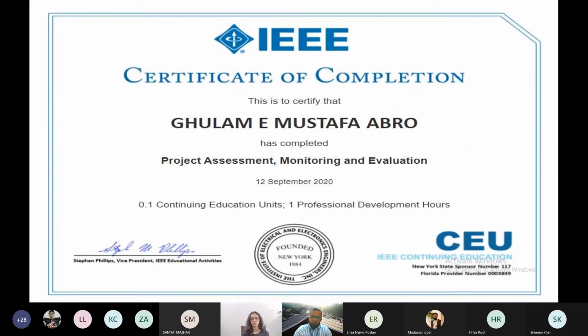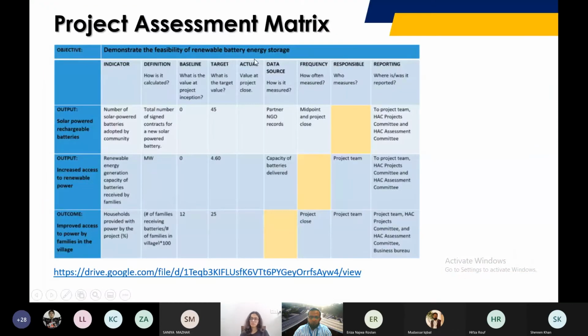Okay, so this is a certificate of completion for project assessment and monitoring and evaluation. This is one of the courses. The primary applicant must complete this. If he or she is not completing this course, they will not be able to fill this particular assessment matrix.